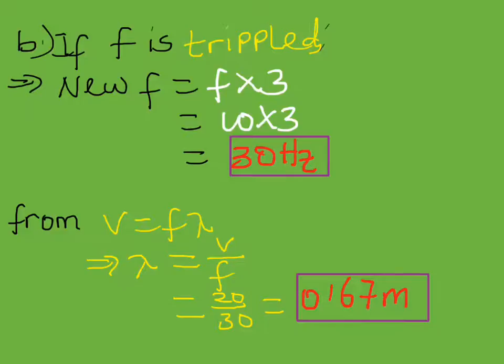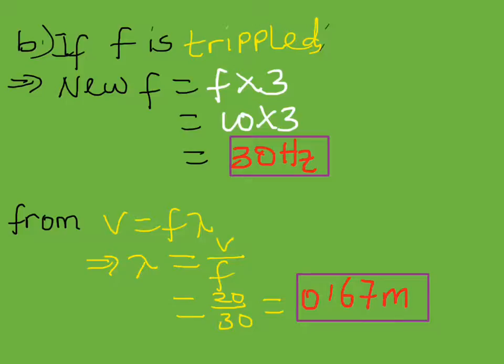So our new frequency will be 10 times 3, which gives us 30 Hz. We go straight with this same 30 Hz and the wavelength of 2 meters. We have the velocity equals frequency times wavelength.